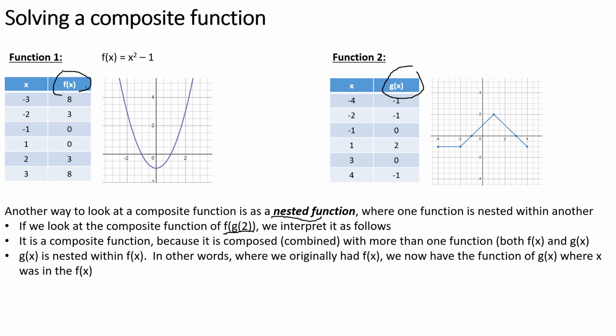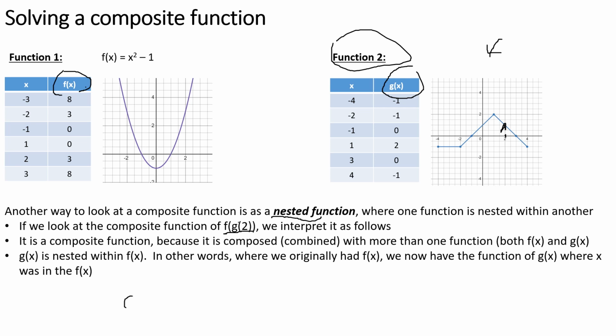What this says is first the nested function, the one that's inside, is the g function, and we've got to see what g at 2 is. Here is my g, this entire graph. And g when x equals 2, here is 2, x equals 2. The g of x equals 1 right there.